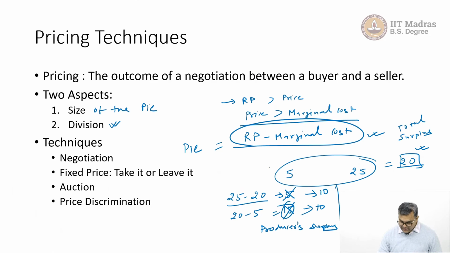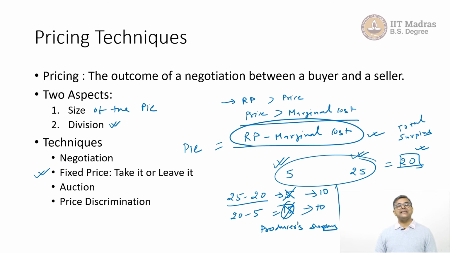Of course, you as a buyer do not have information about how much the cost is for the seller, and the seller does not have information about your reservation price, but this negotiation is taking place. The other situation is, sometimes you go to the market and someone has written fixed price, you cannot negotiate.